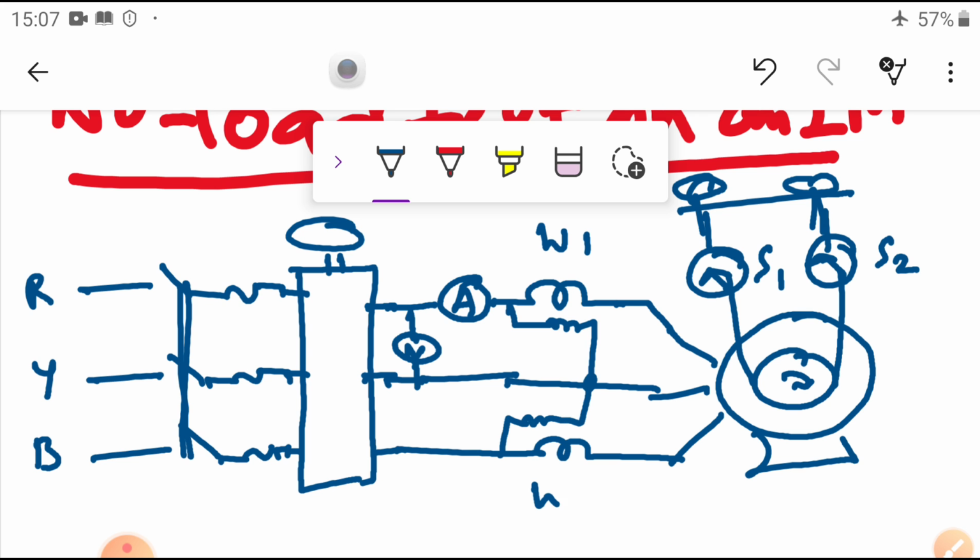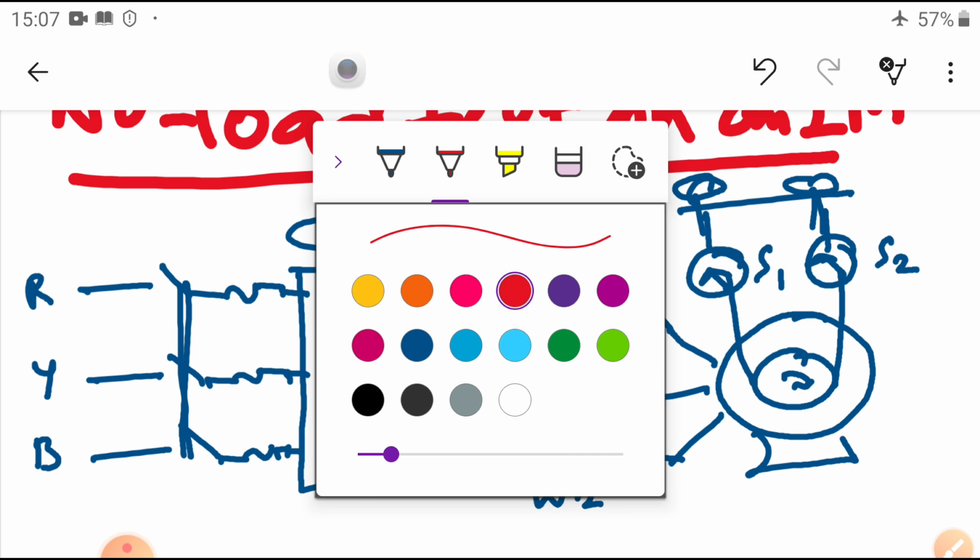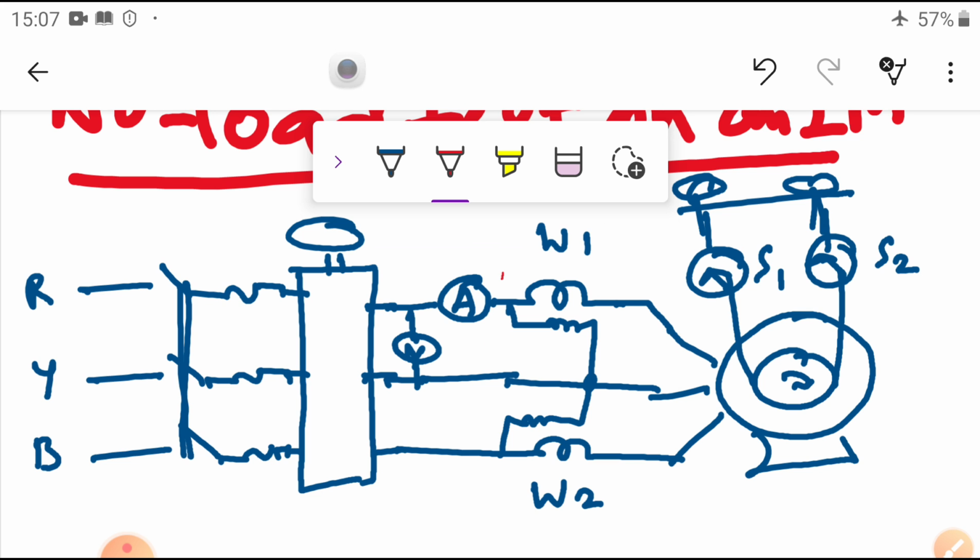This is W2, and W1 and W2 are 2 wattmeters. This is one wattmeter and this is the other wattmeter. The CC coil is connected in the B phase and the PC coil is connected between the B and Y phases.